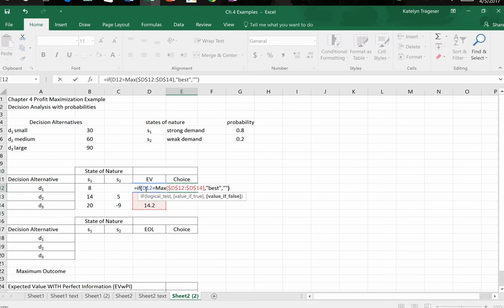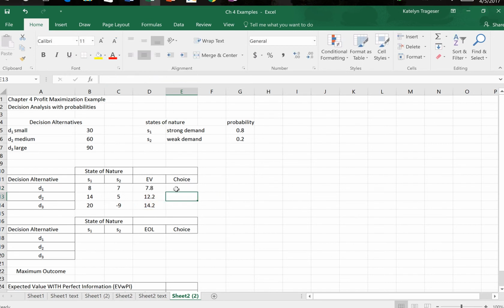If not, we don't want to see anything. And we can see that the best outcome will be with decision alternative 3, or the condo complex with 90 units.